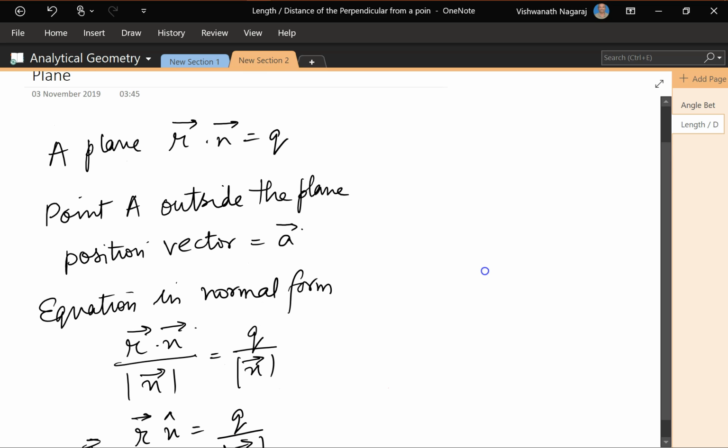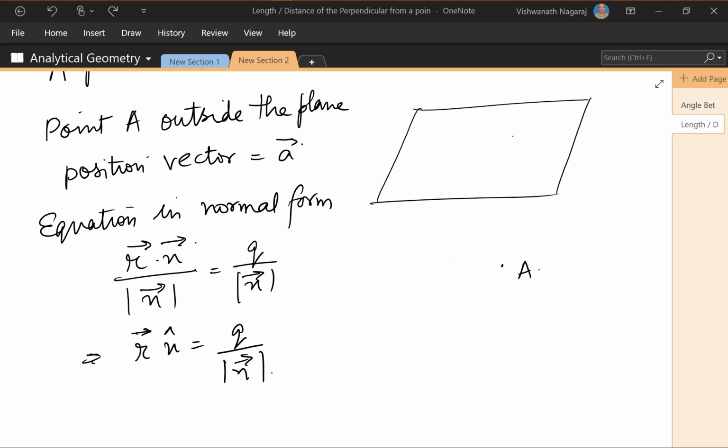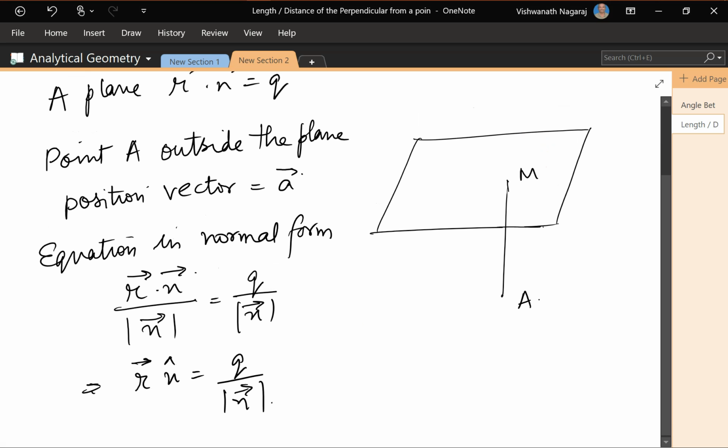Okay, let's very quickly draw a diagram. We have a plane. We have a point, let's say A, outside the plane. What we want to figure out is the distance between the plane and A. Let's say the origin is here.